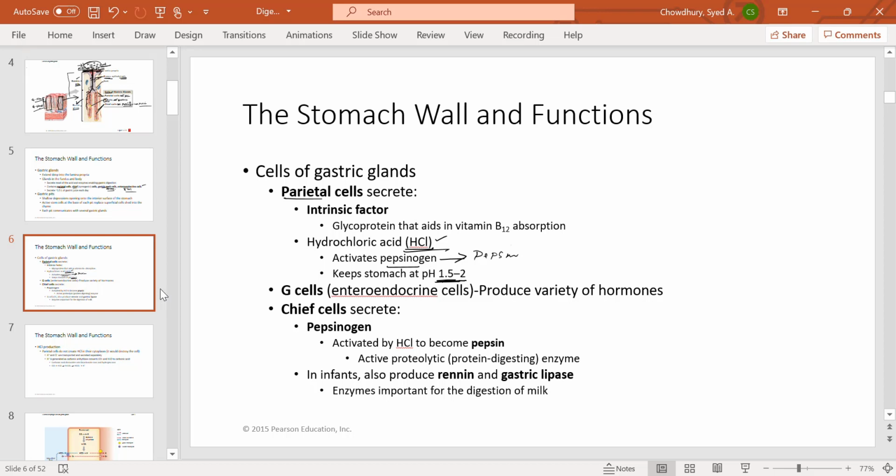G cells, enteroendocrine cells, produce a variety of hormones, and chief cells produce pepsinogen, and HCl converts it to active pepsin.